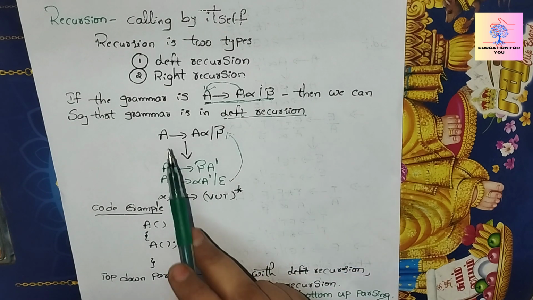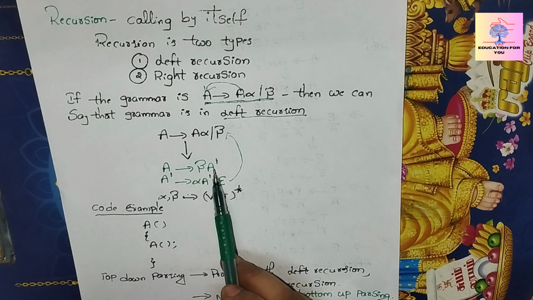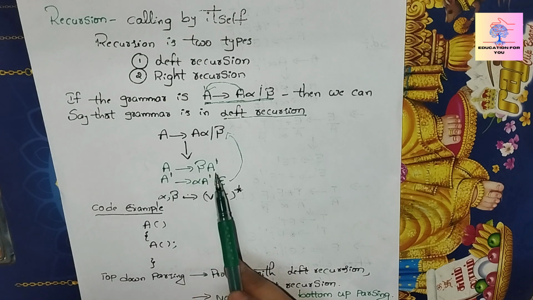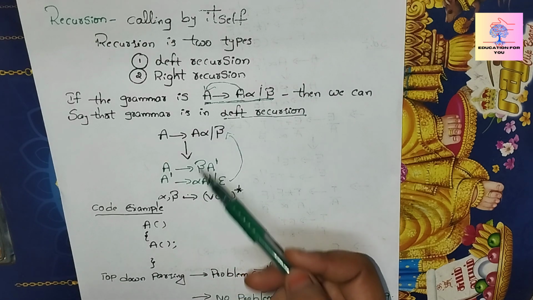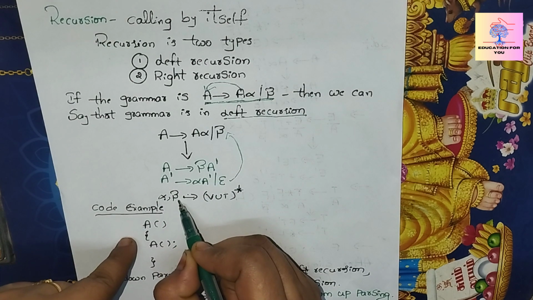We know that. What is meant by A dash here? These are non-terminals. Then what are alpha and beta?